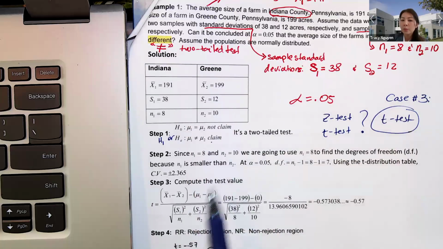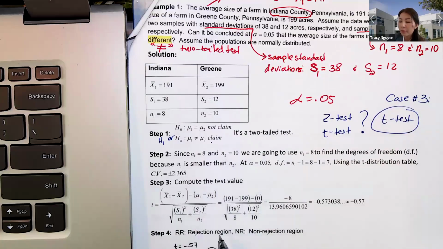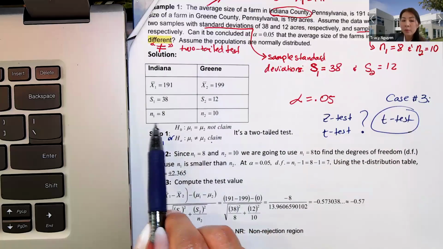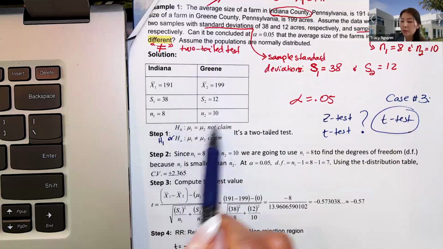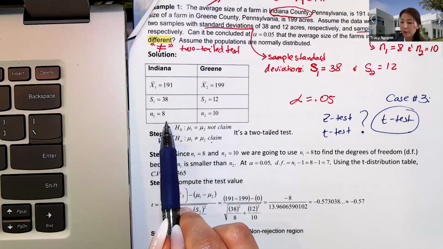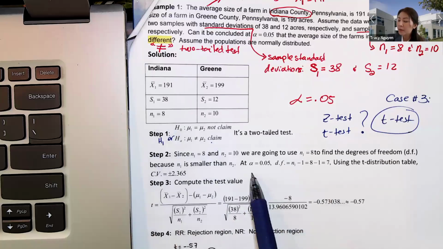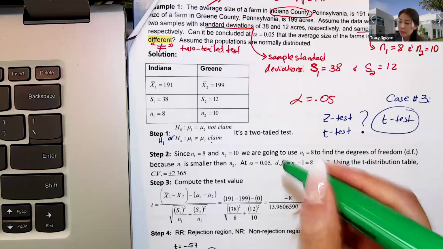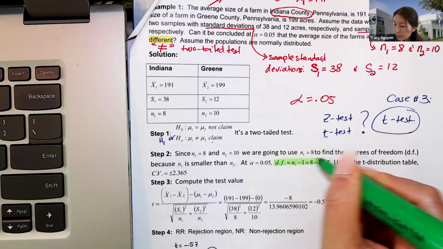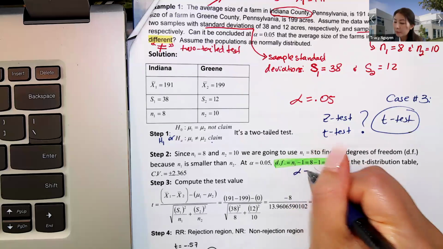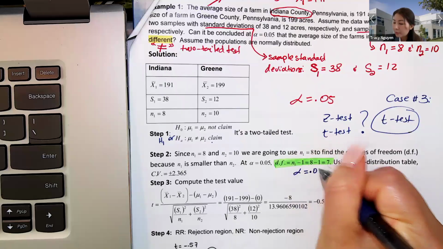Next we'll go on to find the critical values. For our two-tailed test here, we have N1 equal to 8 and N2 equal to 10. We're going to use N1 to find the degrees of freedom. For this problem, the degrees of freedom would be N1 minus 1, which is 8 minus 1 equals 7. We're going to read it with a two-tailed test, and alpha for the problem is 0.05.